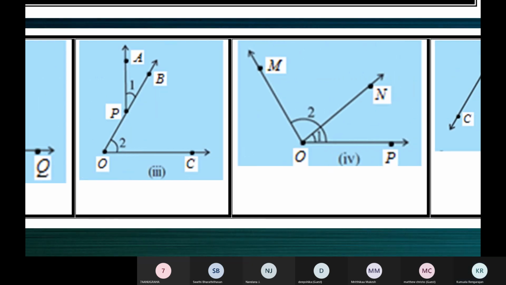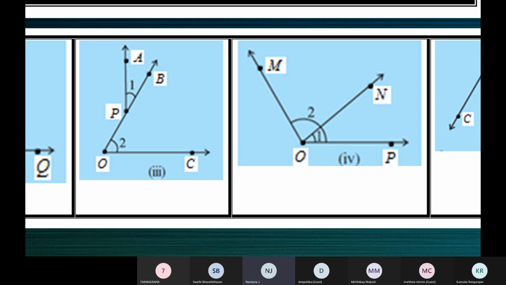Nandana? Ma'am. How do you name angle 2? Ma'am, MON. Angle 2. Ma'am, the figure 3? No, figure 4 only.